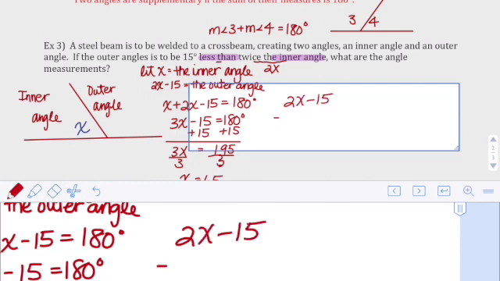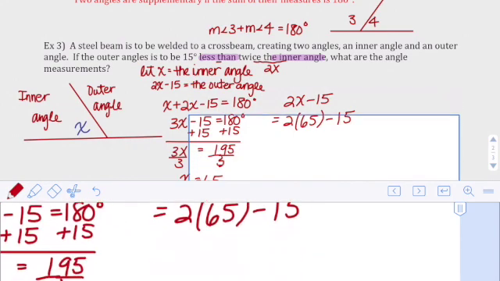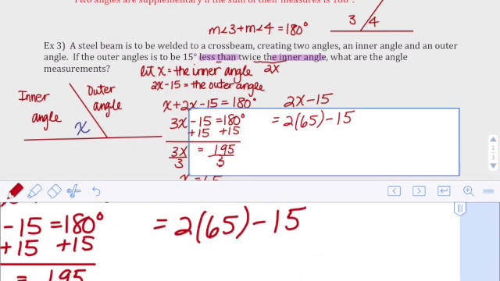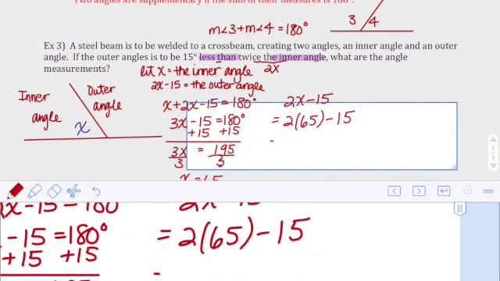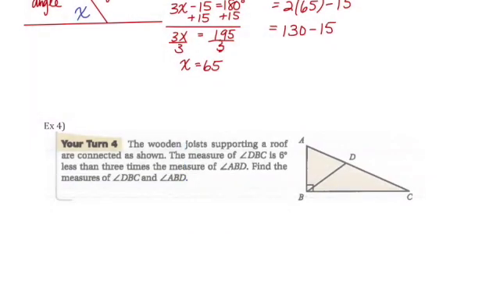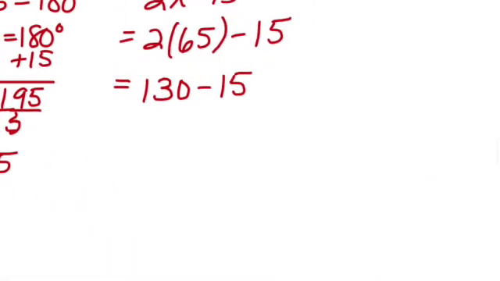So that's going to be 2 times 65 minus 15. And then that is going to equal 2 times 65 is 130 minus 15. And that's going to give you 115.